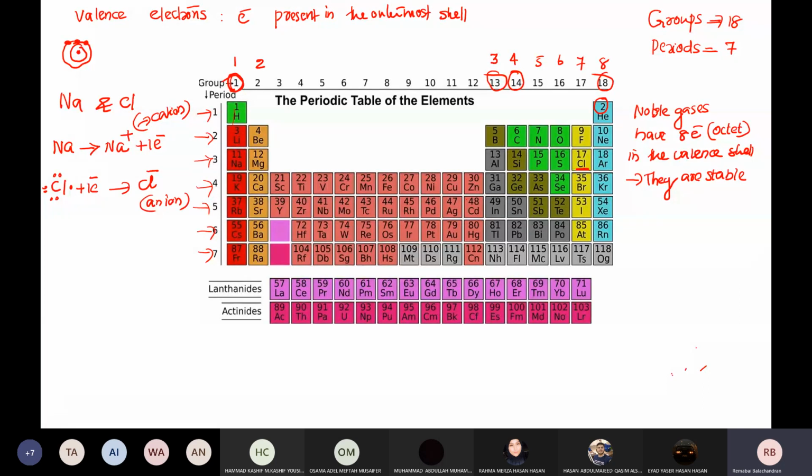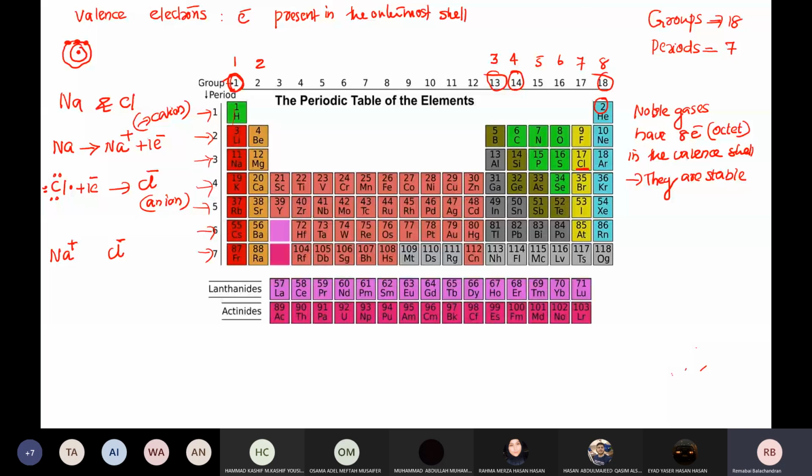Now we have Na plus, the positively charged species, and Cl minus, the negatively charged species. So now there is some sort of attraction. Attraction means what? Correct? So there is some sort of attraction between Na plus and Cl minus.